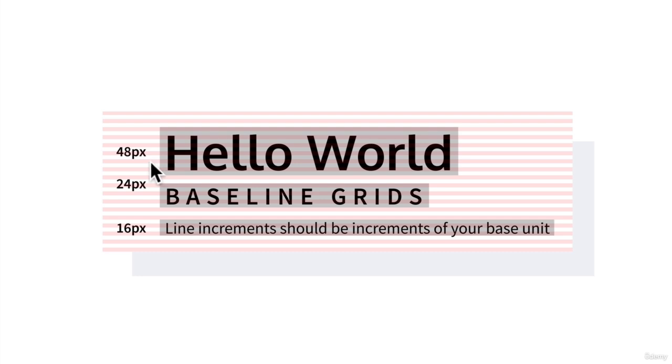So multiply by 8, and on that baseline grid, so we got 4 pixel here, 4 pixel here. So we got 8 pixel spacing between the top and the bottom here, and we got 12 between the subheader and the copy. So this creates this vertical rhythm that really helps to create consistency throughout your whole piece.